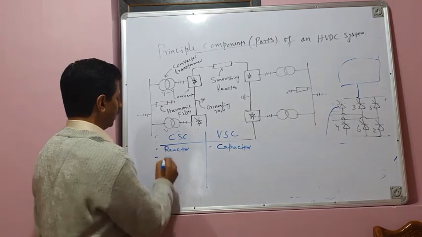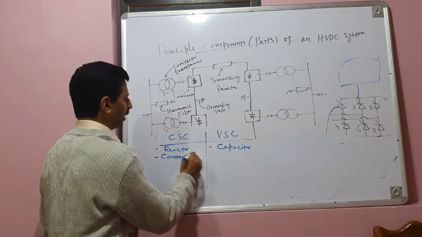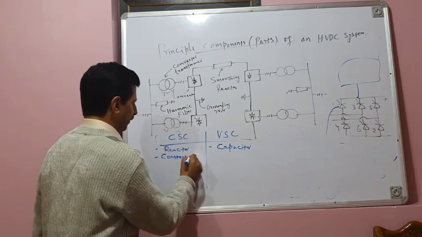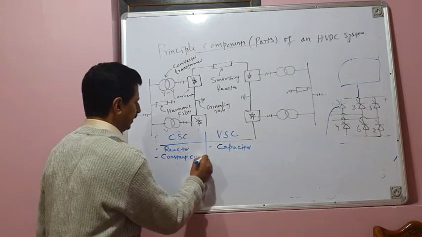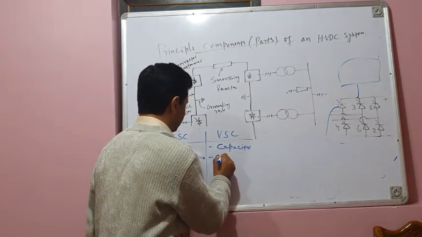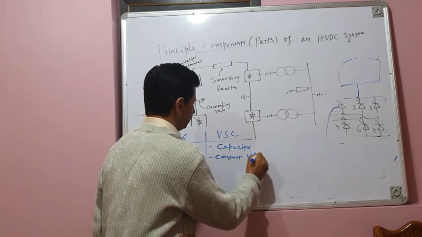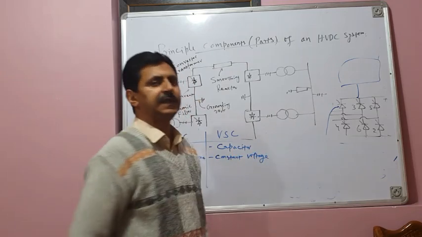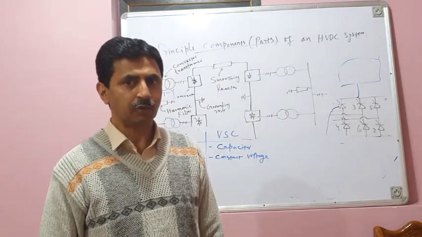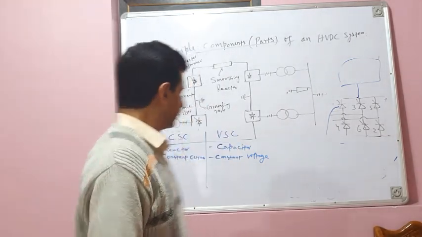Second is, in a current source converter, the output DC current is constant. I will write here constant current. In a voltage source converter, the output DC voltage is constant. So I will write here constant voltage. So CSC gives constant DC output current and VSC gives constant DC output voltage, right?